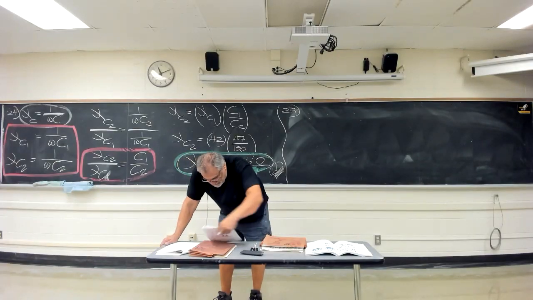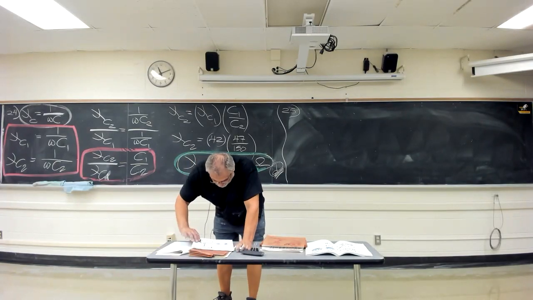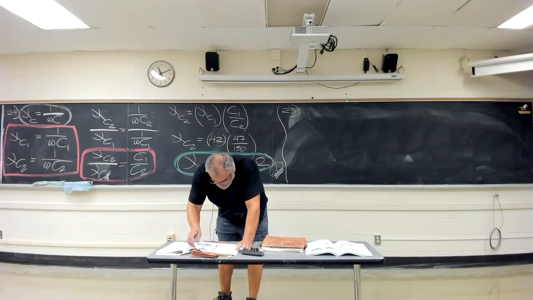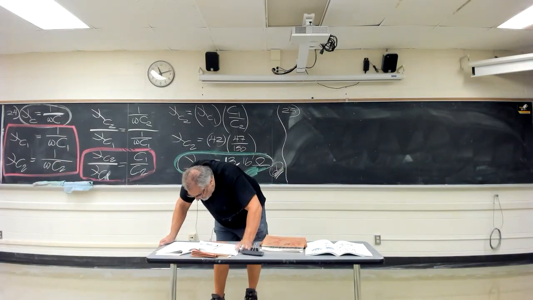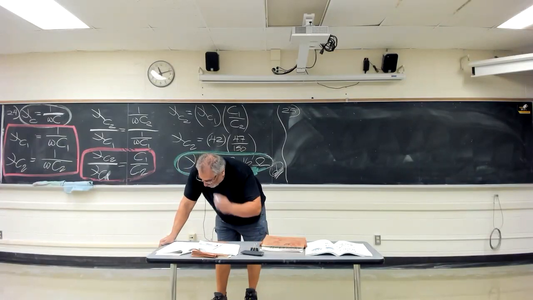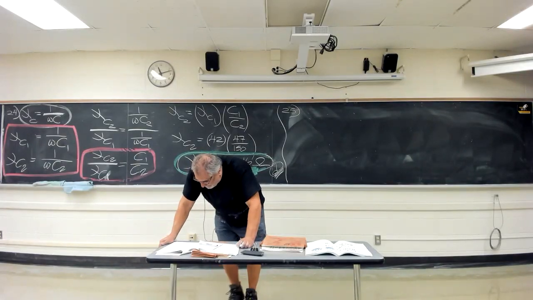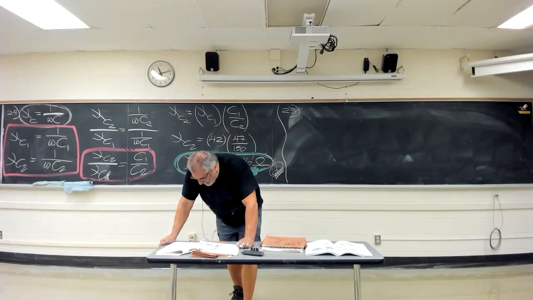Let's look at 25. So for 25, they're saying a 400 ohm resistor and a capacitor are connected in parallel across a 300 hertz source. Hertz describes F. If you go 2 pi times F, you get omega. This is not omega.